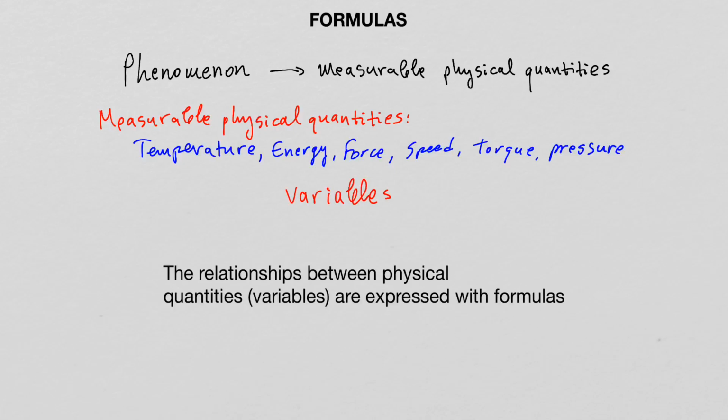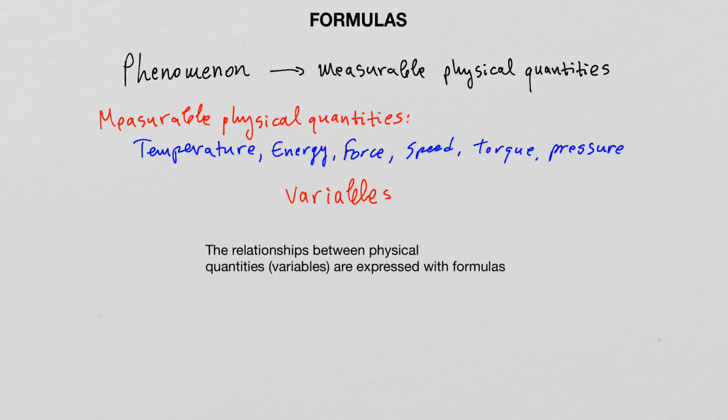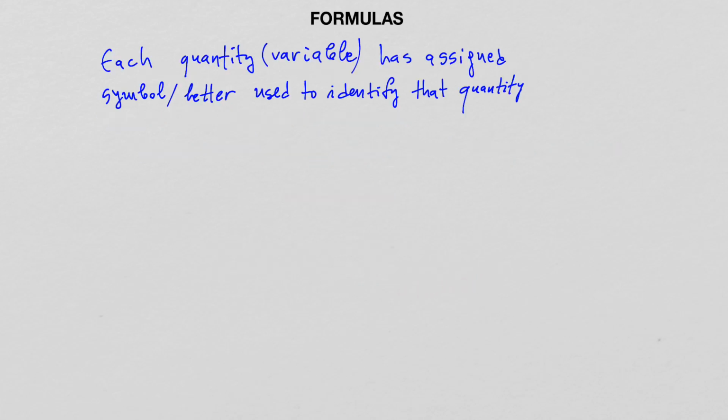The relationship between physical quantities, also known as variables, are expressed with formulas. Each quantity or variable has an assigned symbol or letter which is used to identify that quantity.